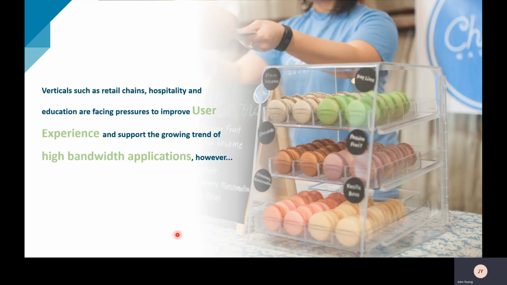Vertical markets such as retail chain stores, hospitality, and education face pressure to improve the user experience. When you talk about experience, it's mostly about wireless roaming, how guests access the captive portal, those kinds of things. Once you want to improve the roaming experience, you need to add more APs.